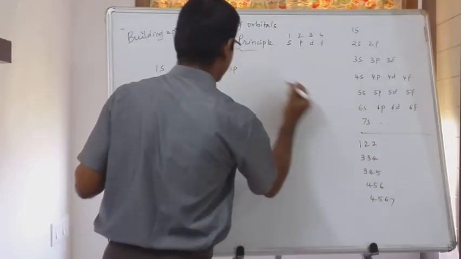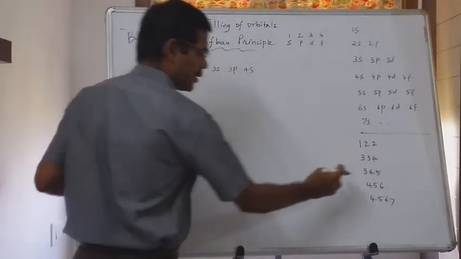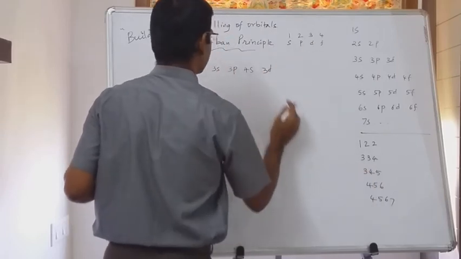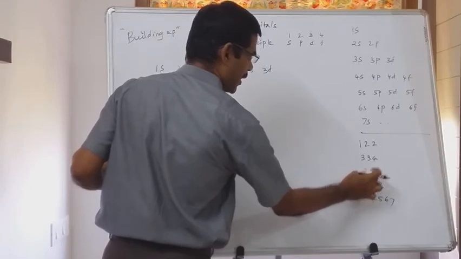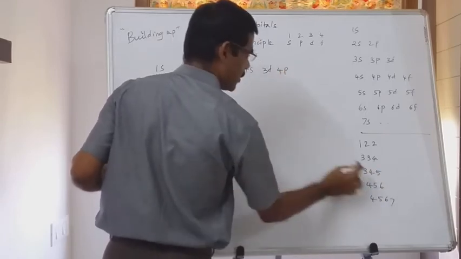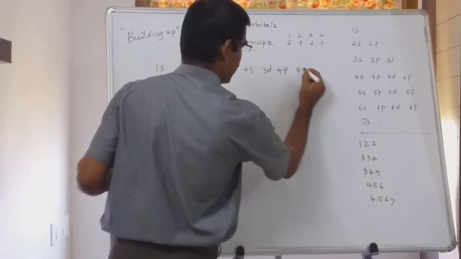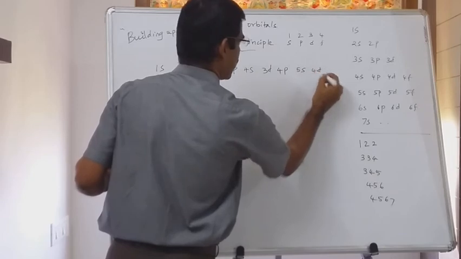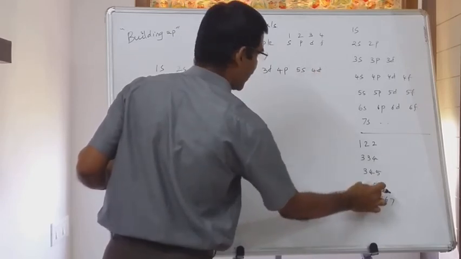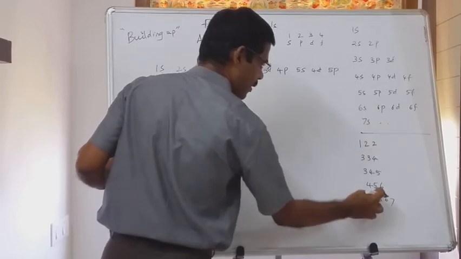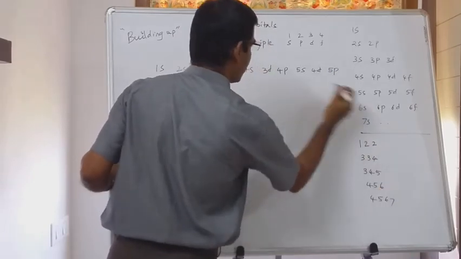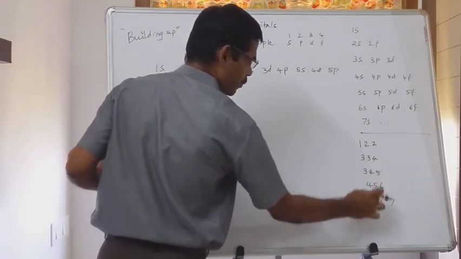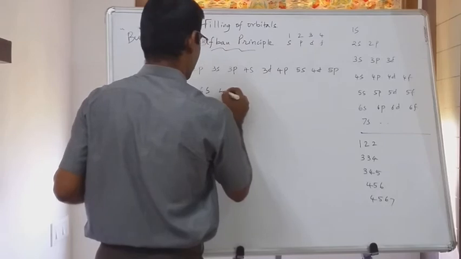Again 4 comes for the first time, so write 4s. 3 comes for the third time, so I am writing 3d. Again 4 comes for the second time, so 4p. 5 comes for the first time, 5s. 4 comes for the third time, so 4d. 5 comes for the second time, so 5p. 6 comes for the first time, so I am writing 6s. 4 comes for the fourth time, so if it comes for the fourth time, write f: 4f.